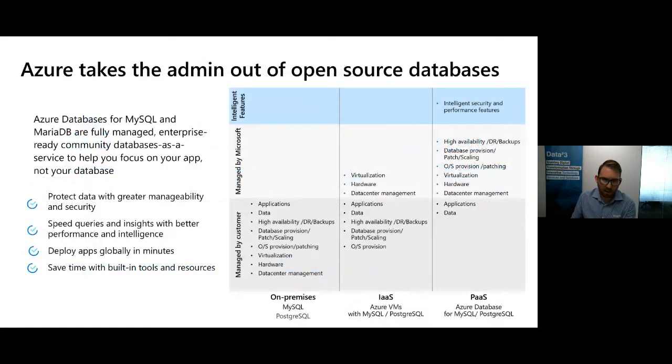Much like the model we have with Microsoft databases, we have on-premises deployments, IaaS and PaaS options available to you. With IaaS and PaaS options, of course, you're running in the cloud now, and all the advantages I just spoke to in the previous slide apply.